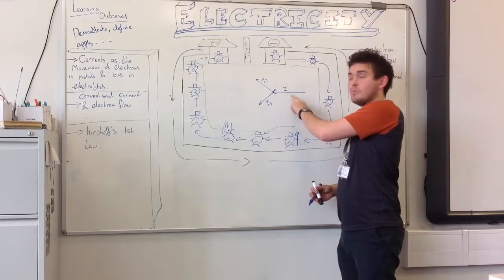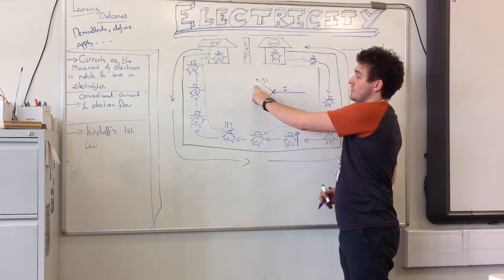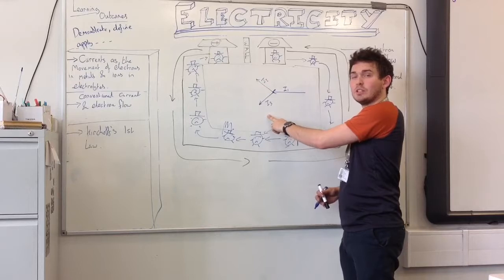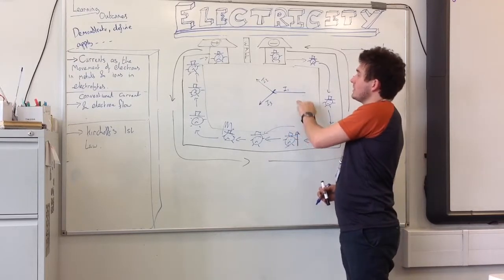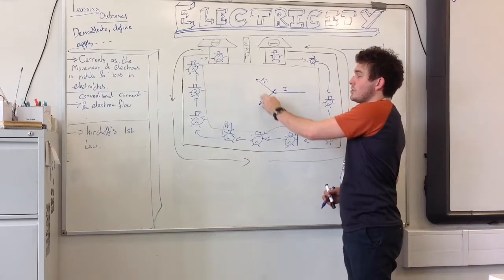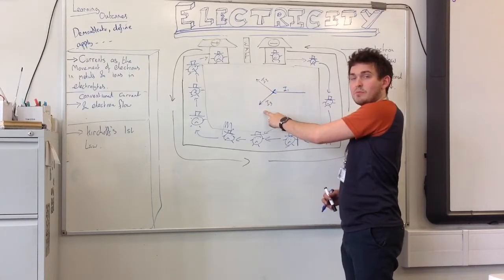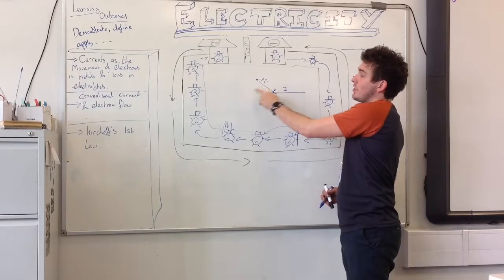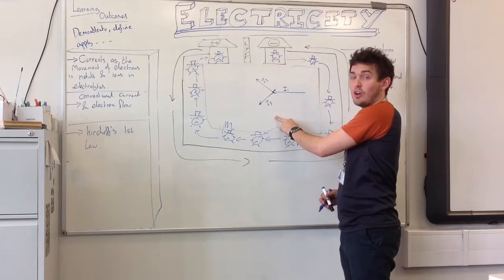Current 1 must be the sum of current 2 and current 3. That is because electrons passing through this way must not leave. They must stay there. It is a statement of the conservation of charge law.